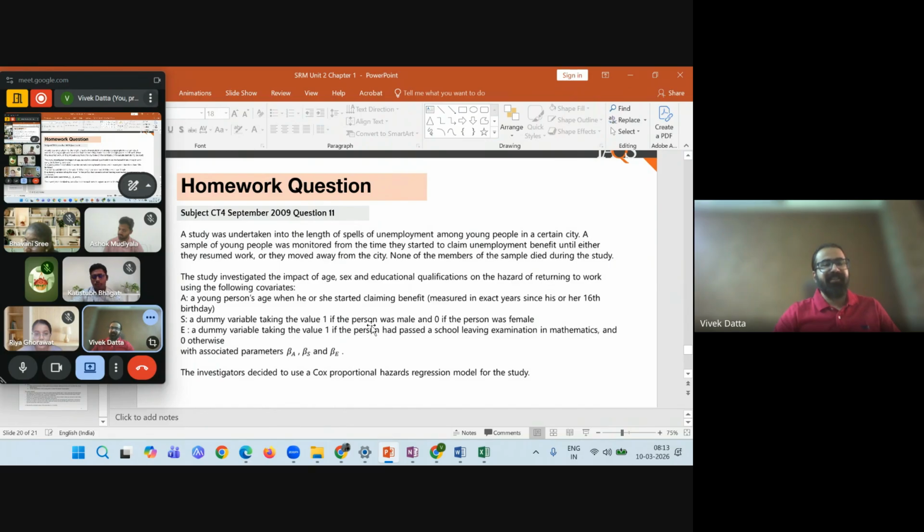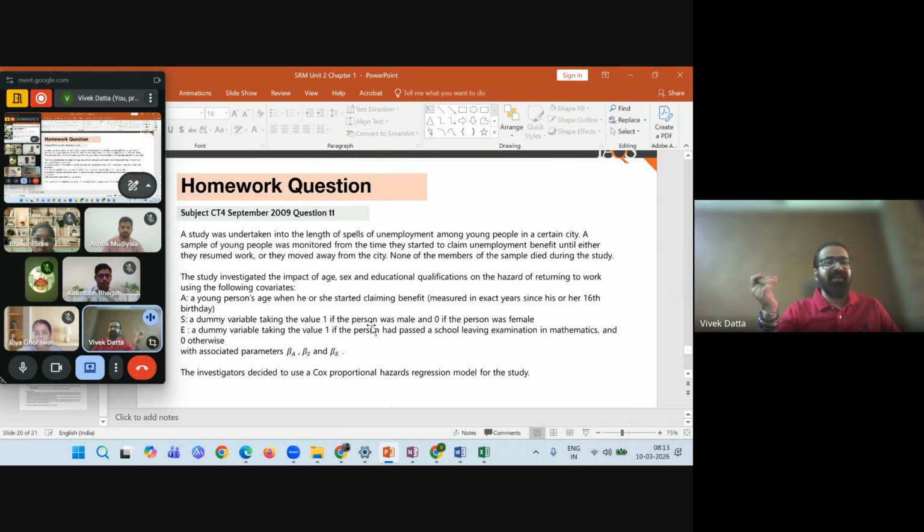Let me make it easier for you because it's the first time you're doing it. Here, male is positive and the corresponding beta is negative. What did we say? Beta negative reduces our hazard. But here, the hazard is of resuming work.